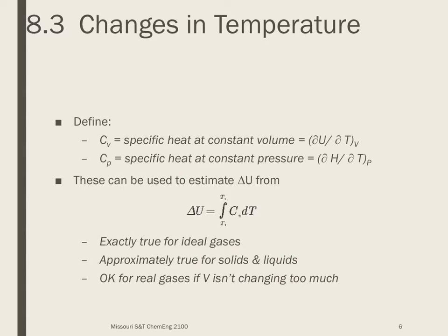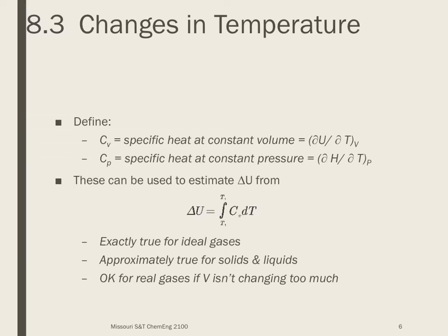Our other case is going to be changes in temperature. So if I were to hold the pressure constant and change the temperature, how would I calculate changes in internal energy and enthalpy? To do this, we're going to have two terms we need to define, C sub V and C sub P. Now C sub P you have encountered, say, in a chemistry class.